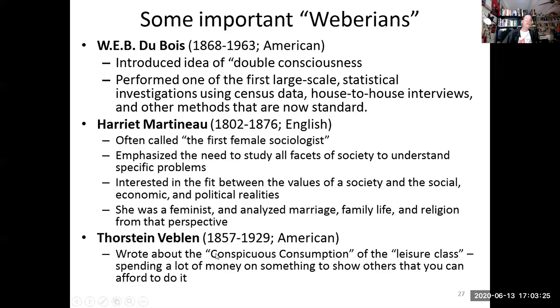Thorstein Veblen is famous for his idea of conspicuous consumption, which he introduced in a book called The Theory of the Leisure Class, about Gilded Age America, the period around 1880, let's say, in the United States, when there was a lot of wealth. People had become very wealthy investing in railroads and industry, iron and steel production, coal mining.